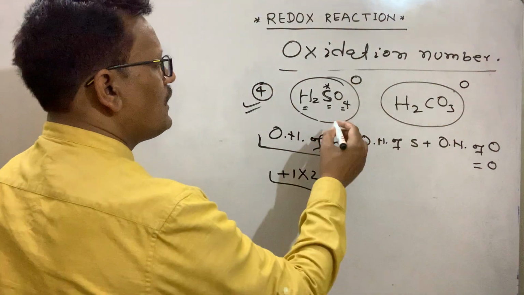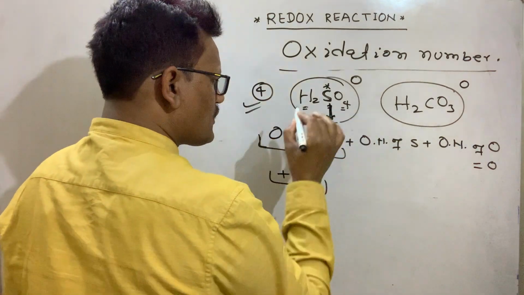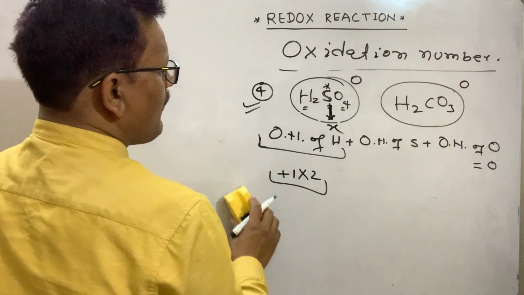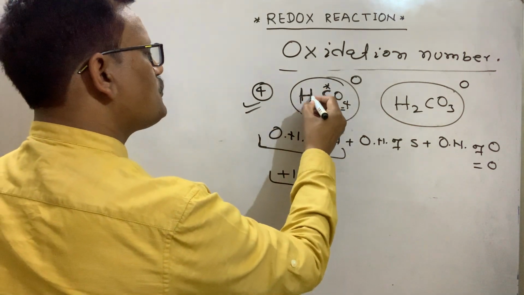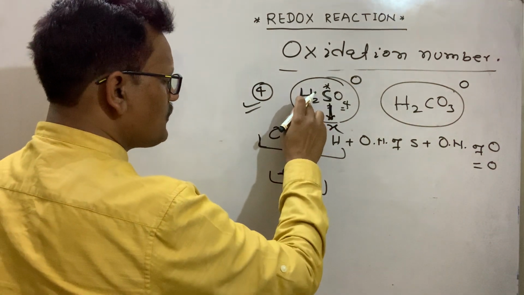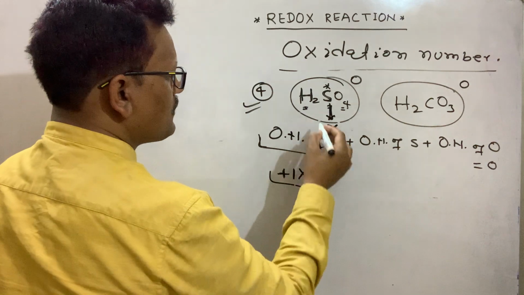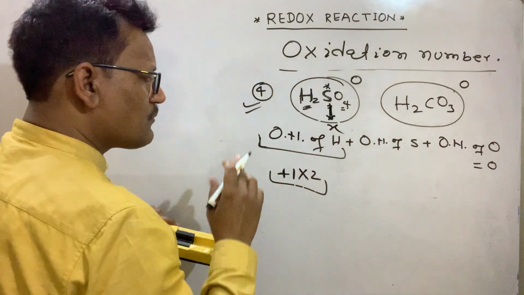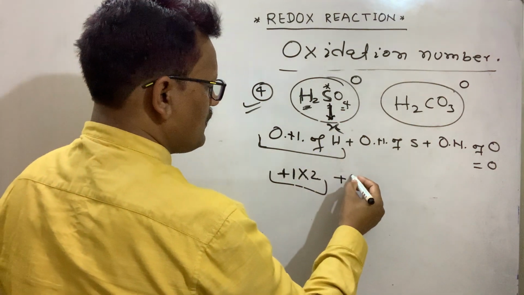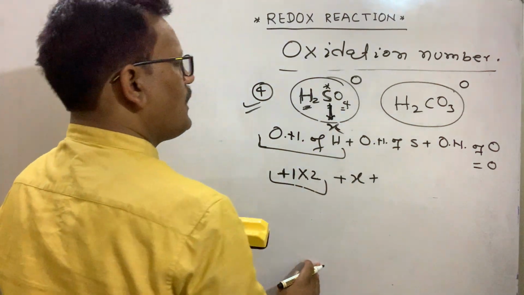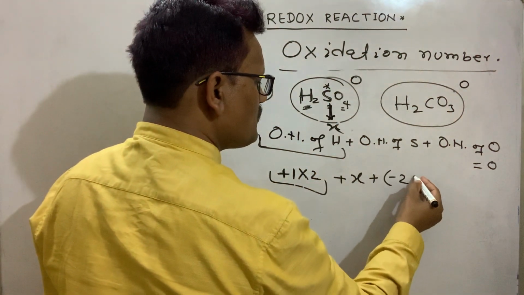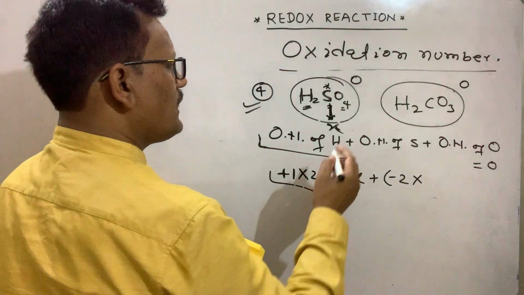So let the oxidation state of sulfur be X. We have 2 atoms of hydrogen here. So +1 for hydrogen multiplied by 2, because we have 2 atoms of hydrogen, plus sulfur oxidation state is X, plus we know the oxidation state of oxygen is -2 multiplied by 4.